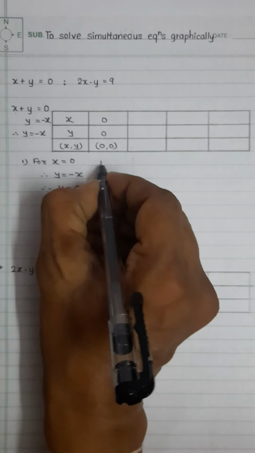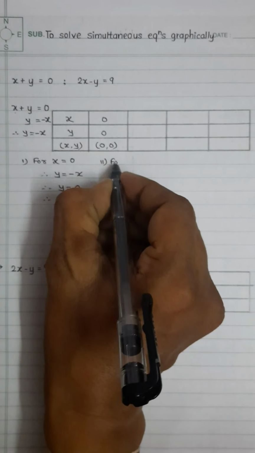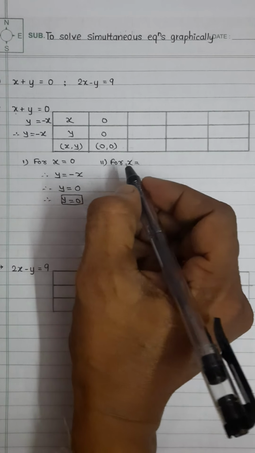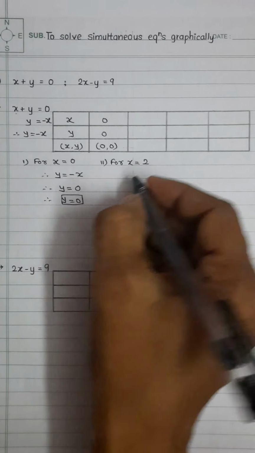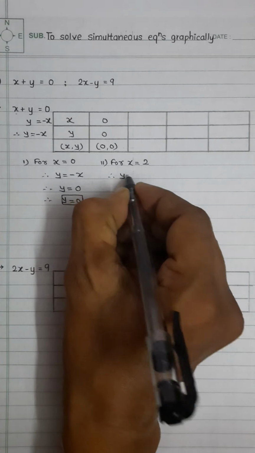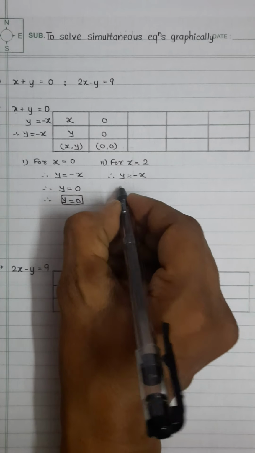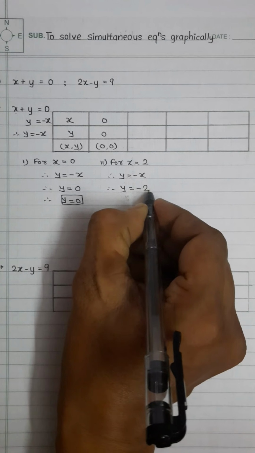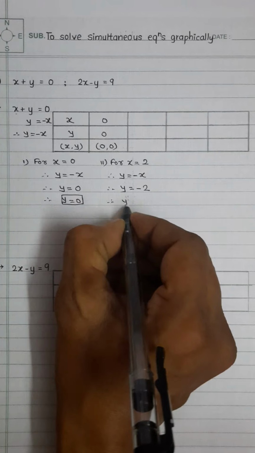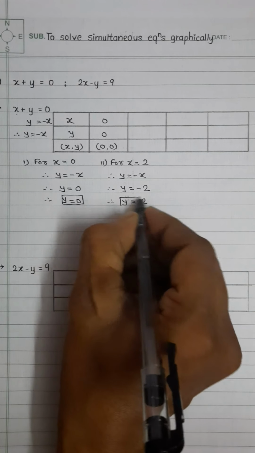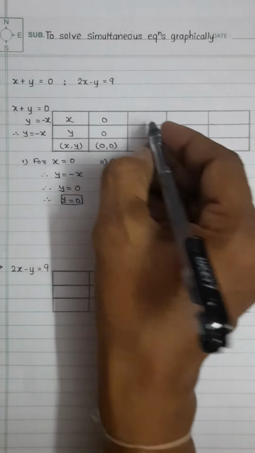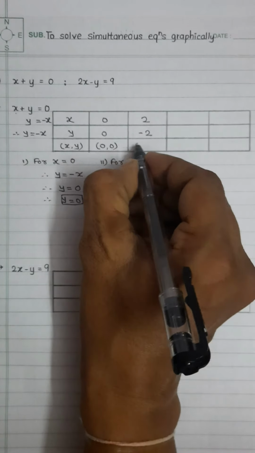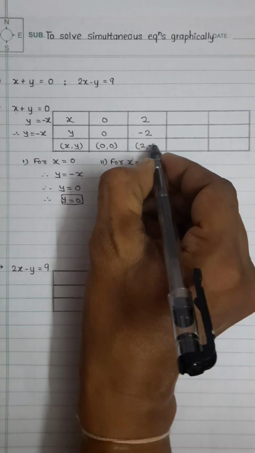Now we have to take the second value. For x we take another value, that is 2. Now write down the equation, y is equal to minus x. Therefore y is equal to minus 2. When x is equal to 2, y is equal to minus 2, therefore the order pair is 2 and minus 2.